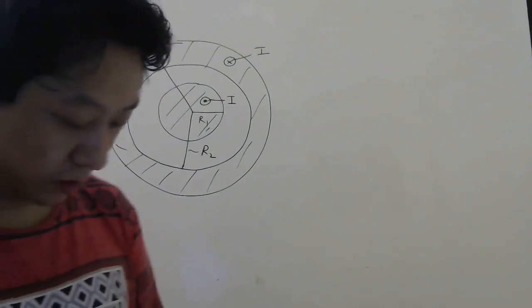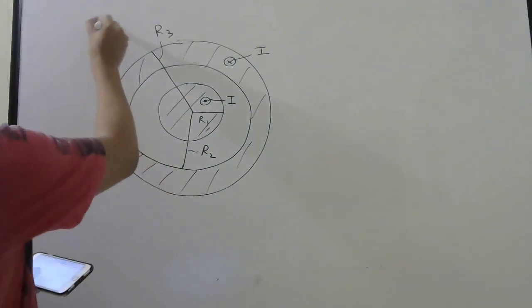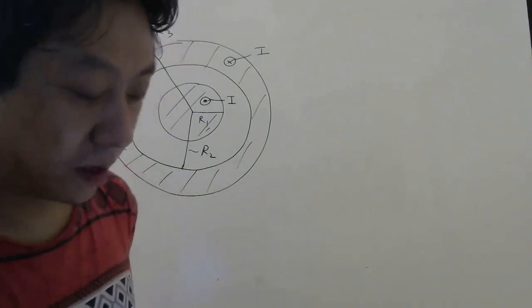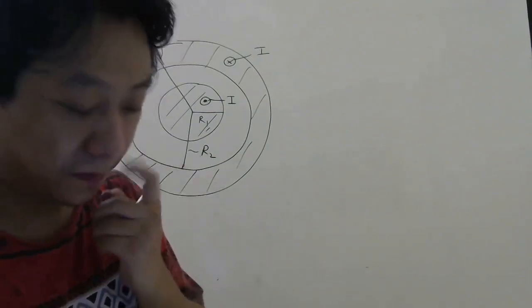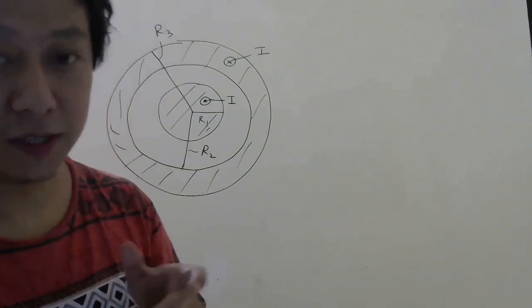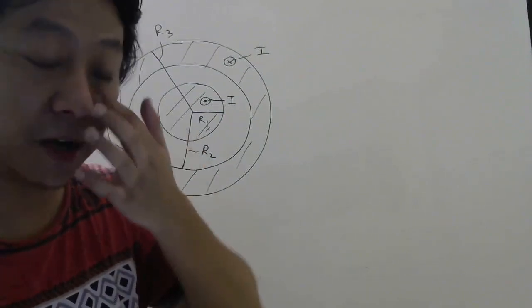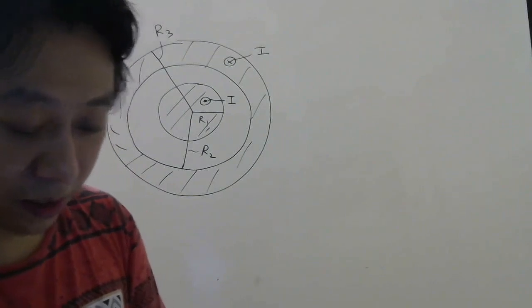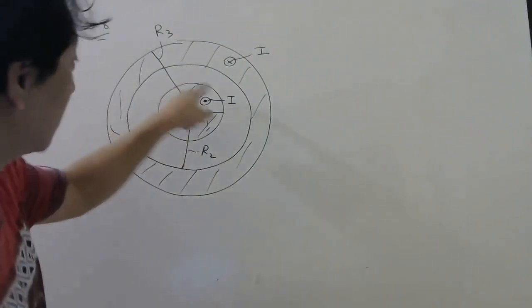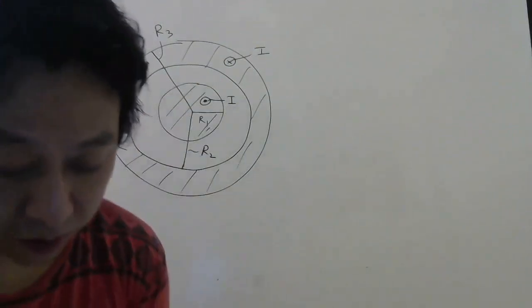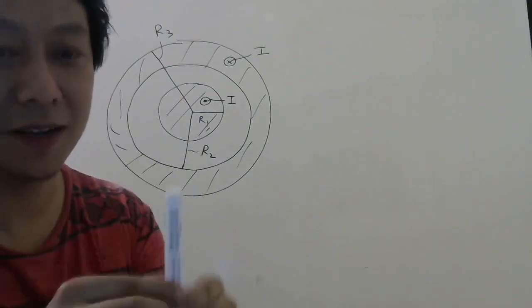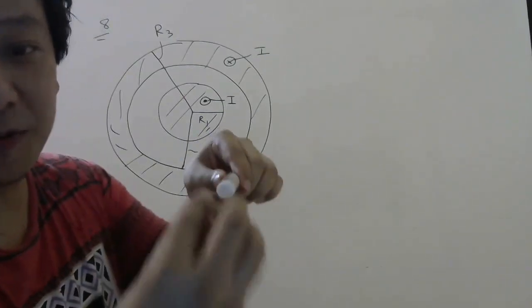The next question is question number 8. Diagram I have drawn already. They are asking, a coaxial cable is made up of two conductors. The axes are the same. The inner conductor is solid, and I am showing you the cylindrical cable from this side.